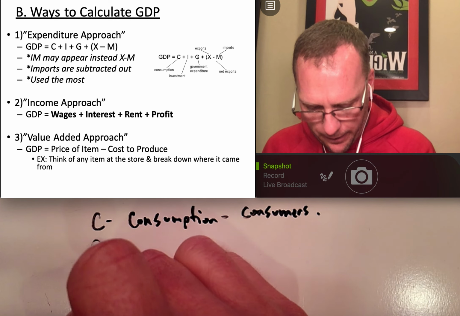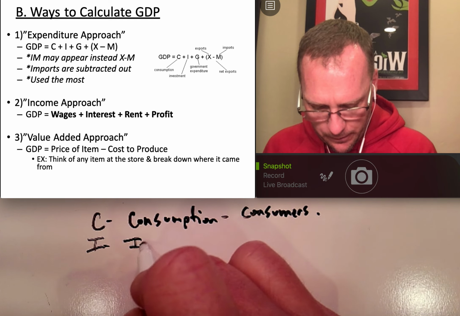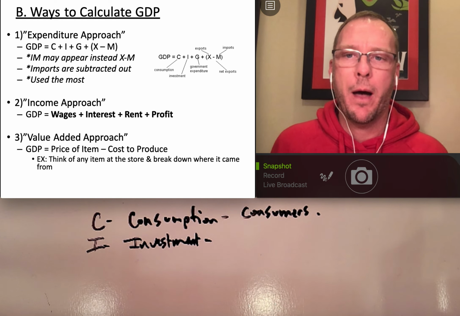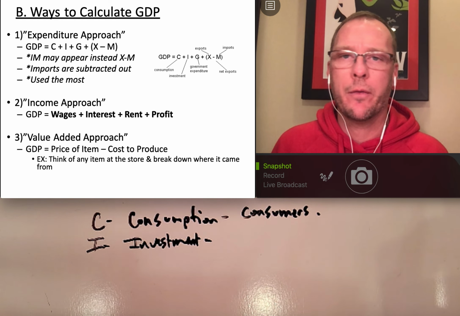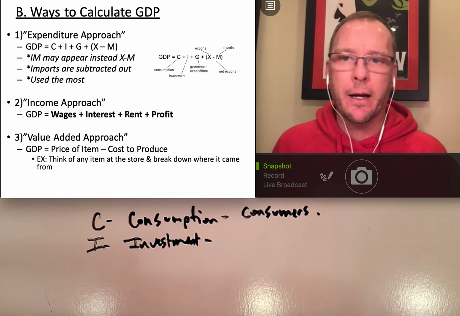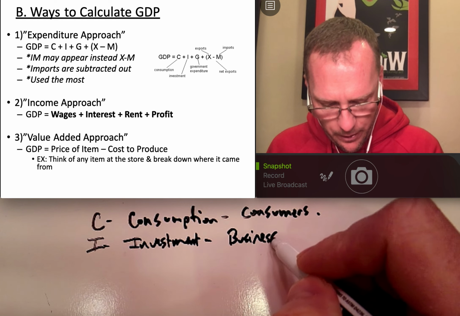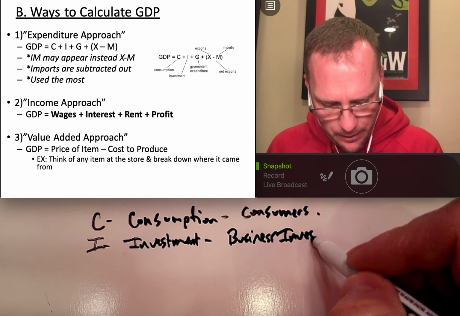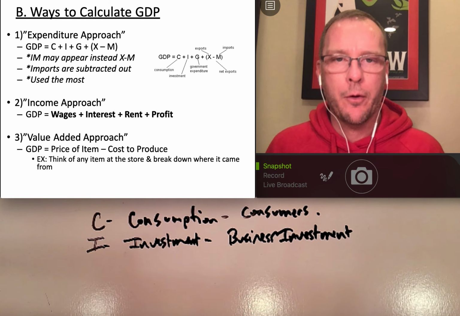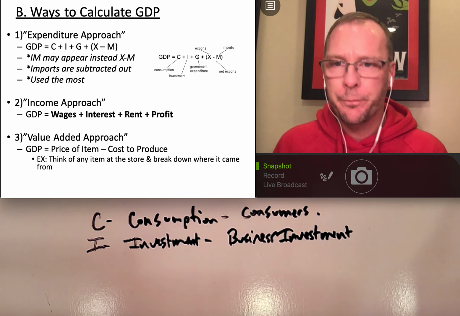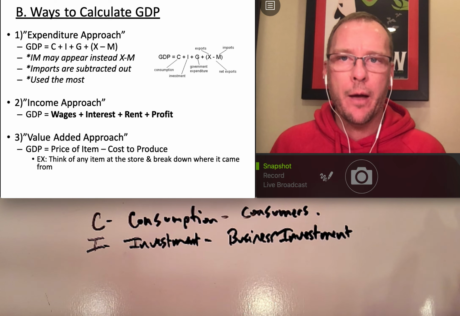The I is investment. And this investment is not like stocks and bonds. That's not part of GDP. That's not part of your economy. That's like a personal finance thing. Investment here is business investment. So if businesses decide they're going to go build another warehouse or add another machine or invest in more capital, that would be the I portion.